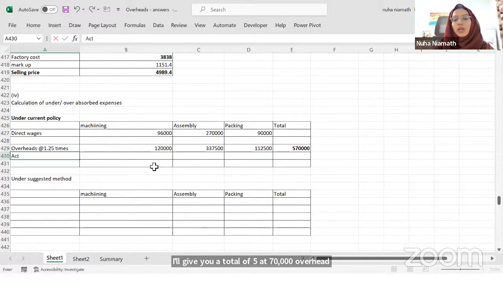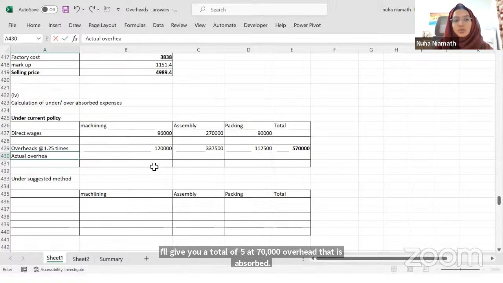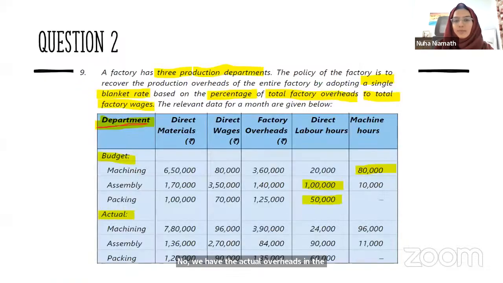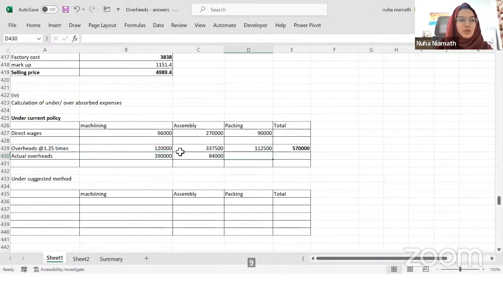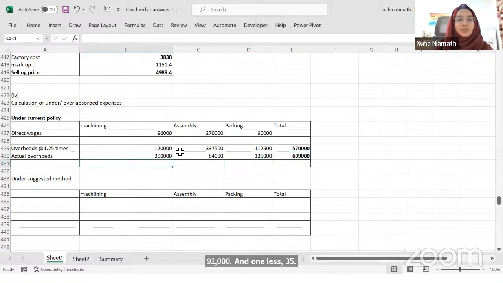Now we have the actual overheads in the question. What is that? This is the actual overheads: 3,90,000, 84,000, and 1,35,000. That gives us a total of 6,09,000.